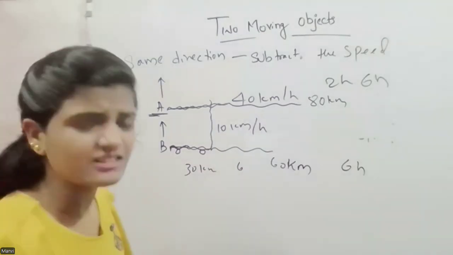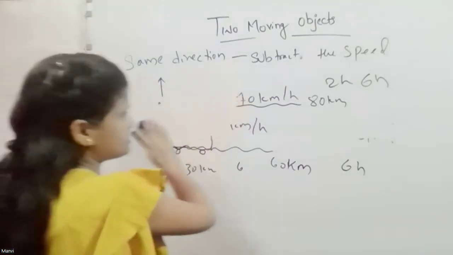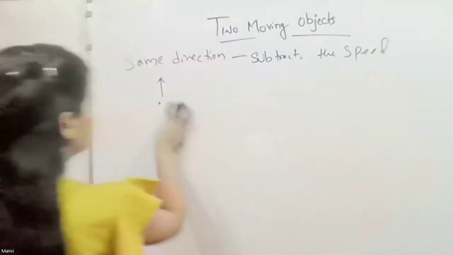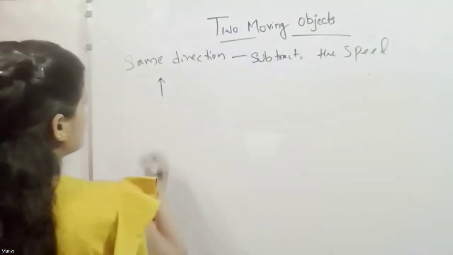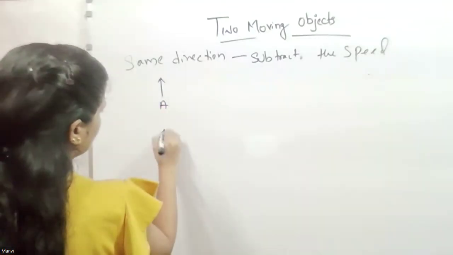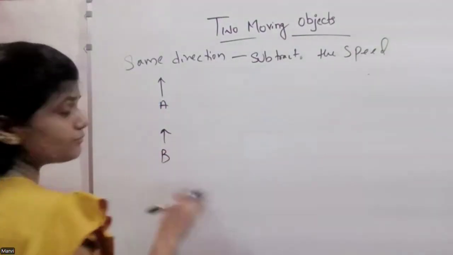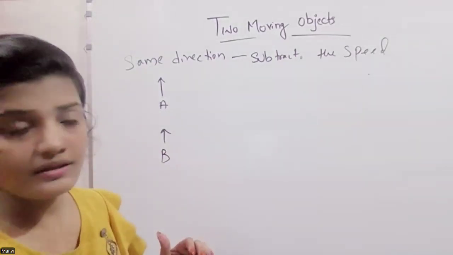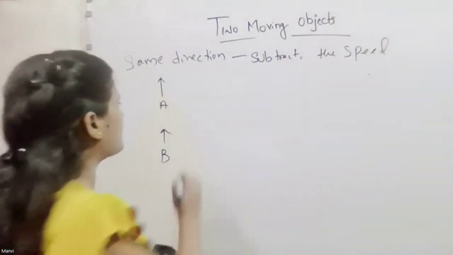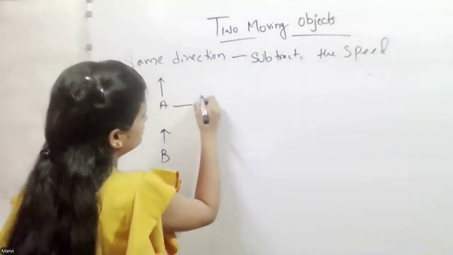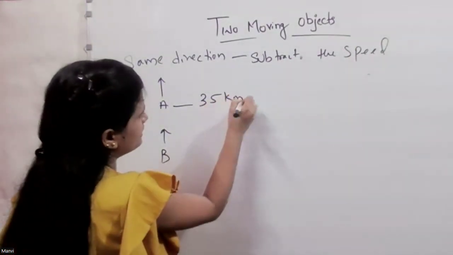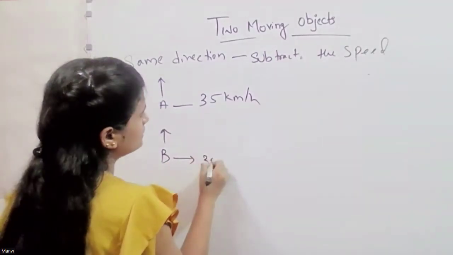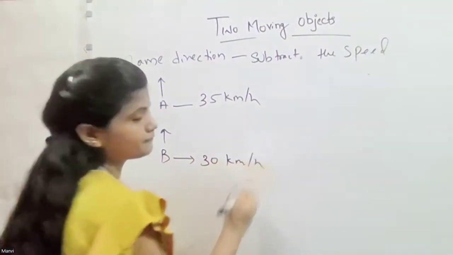So how can they ask a question based on this? Just try to understand. For example, they can simply say that two cars, car A and car B, start from the same point and travel in the same direction. The speed of car A is 35 kilometers per hour and the speed of car B is 30 kilometers per hour.